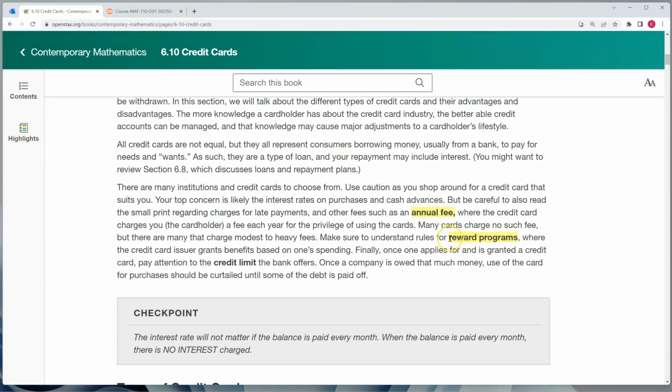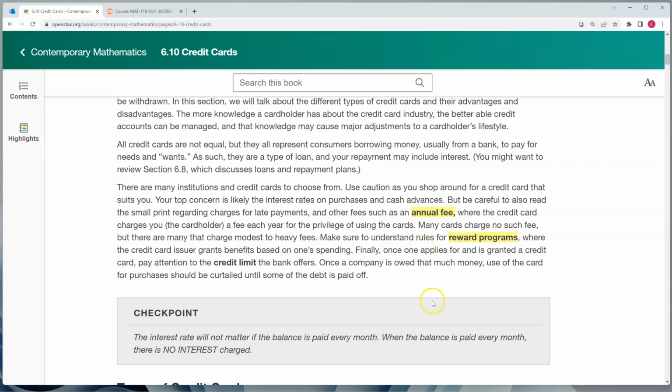Belk has their own credit card that gives rewards, such as $10 for every $100 or so that you spend. So there are rewards programs a lot of times to incentivize people to sign up and use credit cards.